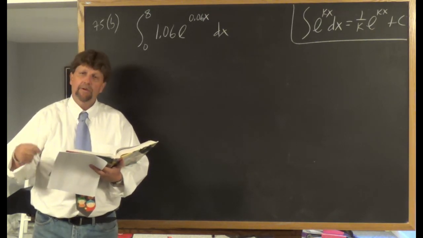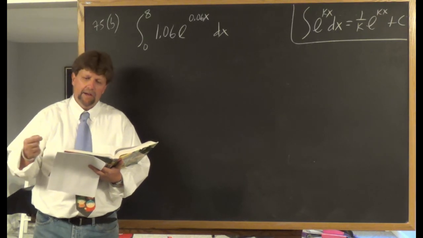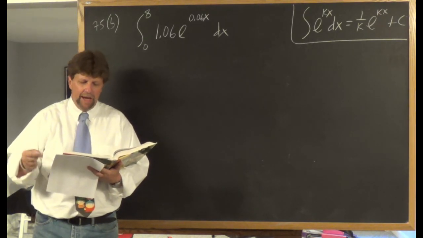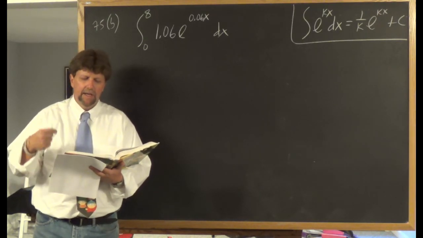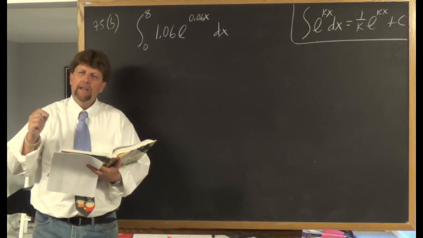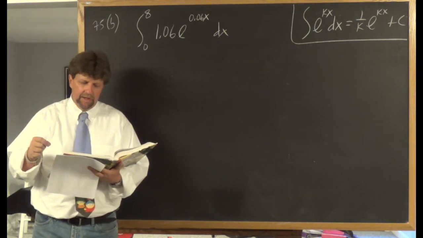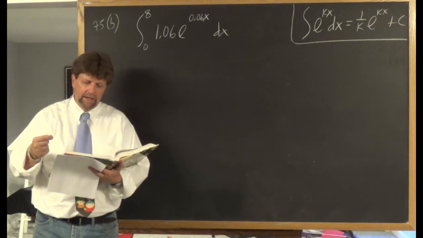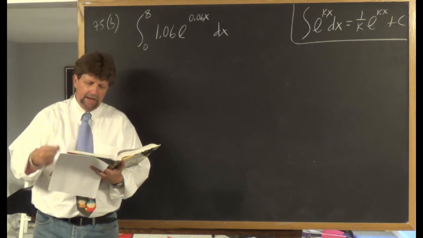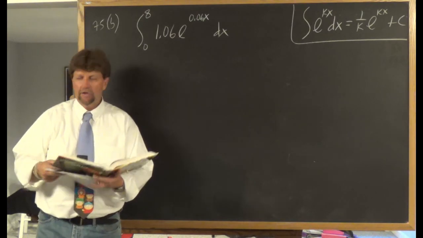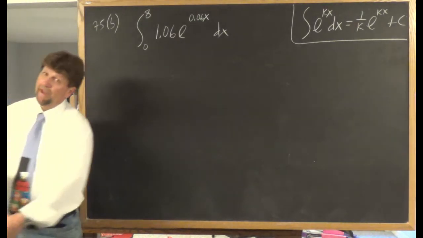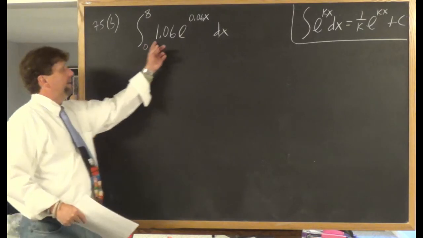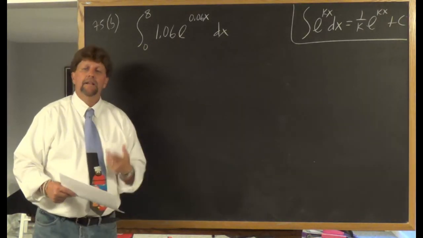X represents the number of years since 2000, and f of x represents the rate of change in the number of participants in the food stamp program, and that was measured in millions per year. In part B, you're asked to evaluate the integral from 0 to 8 f of x dx and interpret.